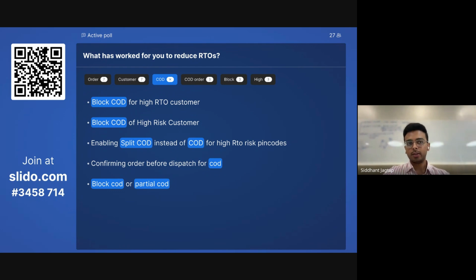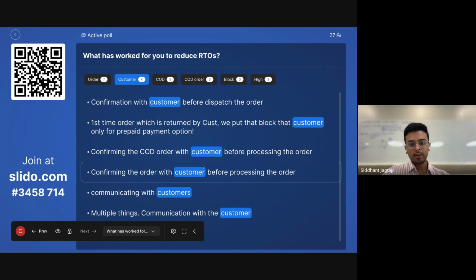And ClickPost is one of the leading players in shipping and delivery, a post-purchase player. What we believe is that post-purchase talking with pre-purchase is what is going to bring value in reducing RTO. We'll cover quickly what measures you can take pre-purchase and post-purchase, but I'll just quickly sweep through this.